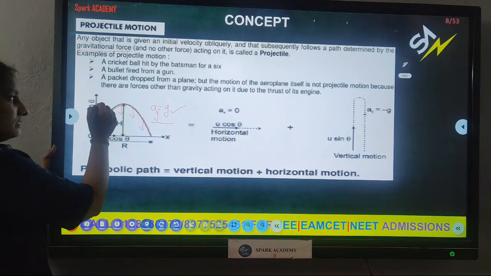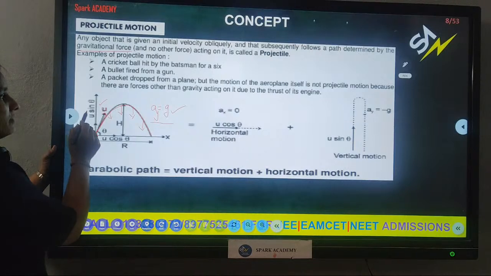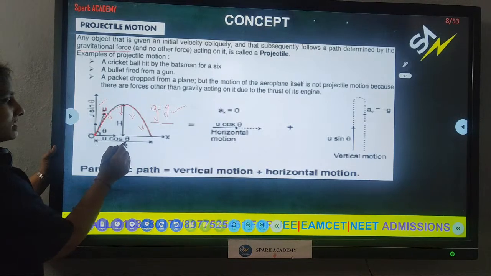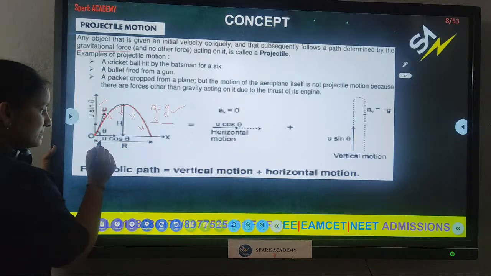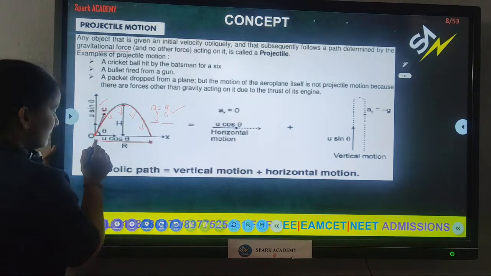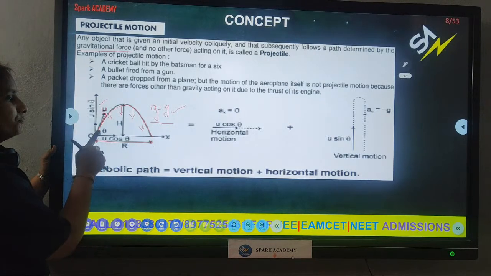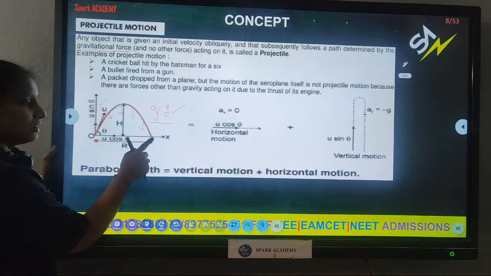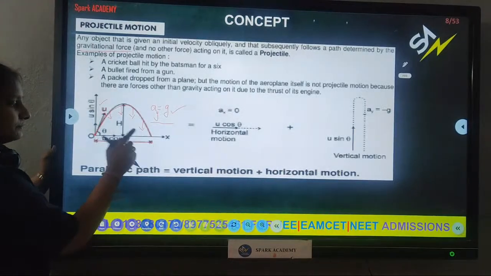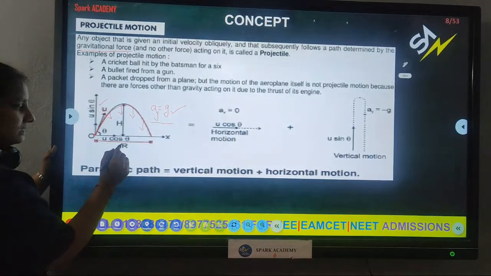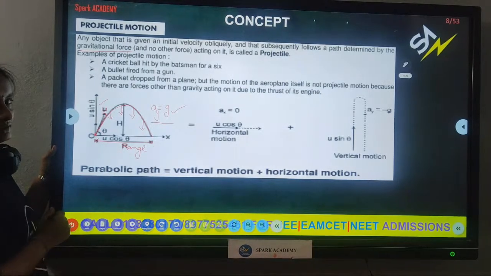So now this velocity, which is given as the initial velocity u, resolves into its components, u cos theta and u sin theta. And let us see in the diagram. This is the horizontal distance covered from the point of projection till it reaches the ground, and this is the path taken by the object in its journey. So this horizontal distance is called range.